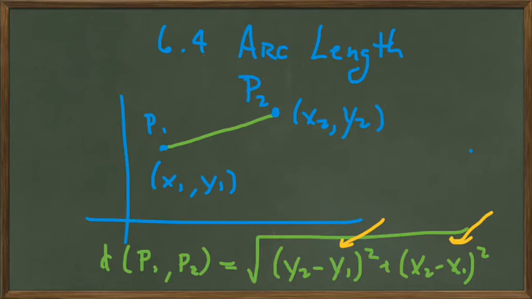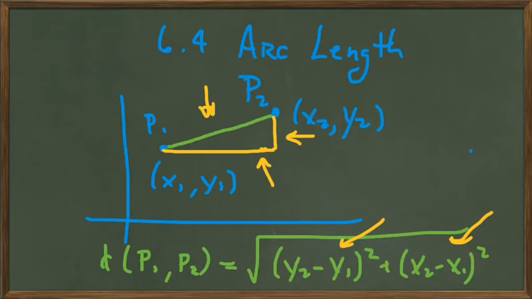What we're actually doing is finding the hypotenuse of this triangle, and the difference in the x coordinates is this leg of the right triangle, and the difference in the y coordinates is that leg of the right triangle.